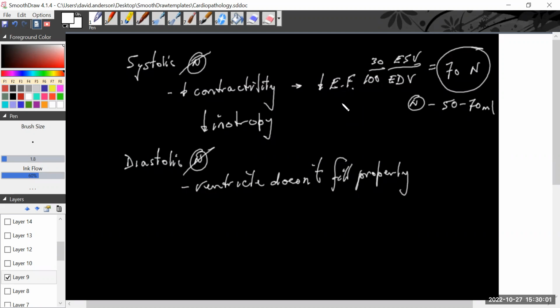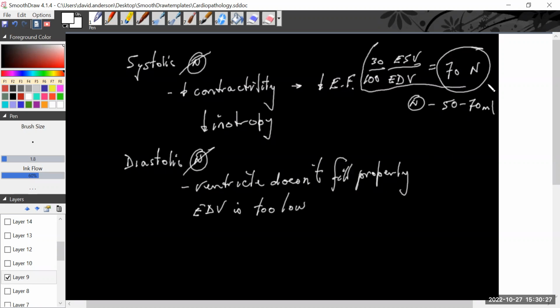Even if we're at 70% as an ejection fraction, 70% of 60 is about 40. We're in heart failure when we have an ejection fraction that's around 40. So that means our end diastolic volume is too low.